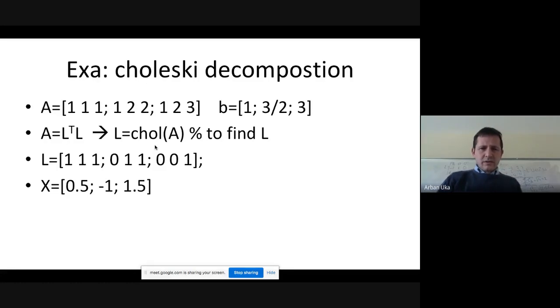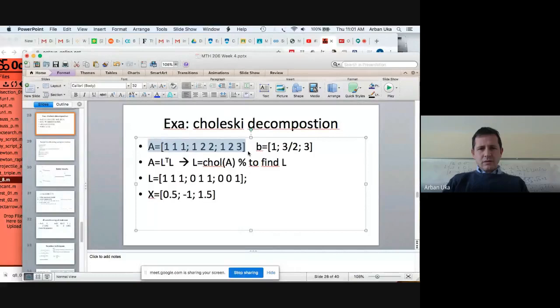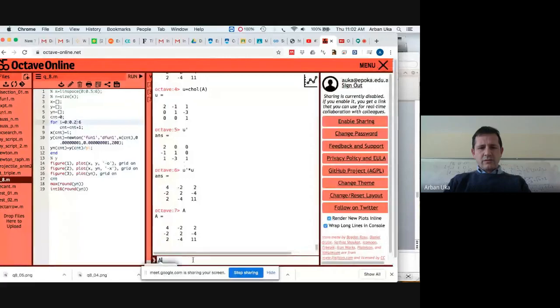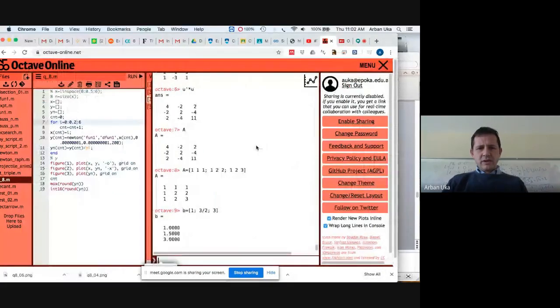Probably we can pass this fast. Let me see what is next. If we get this A and paste it here, this is the matrix A, and this is the vector B. If we want to solve this system, AX equals B, we can use either one of these functions.